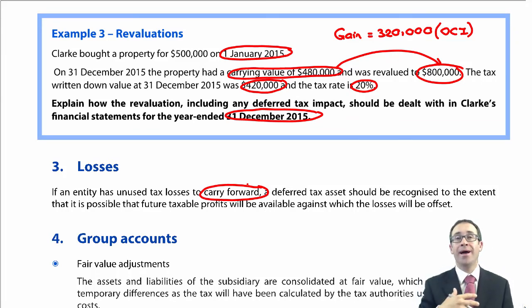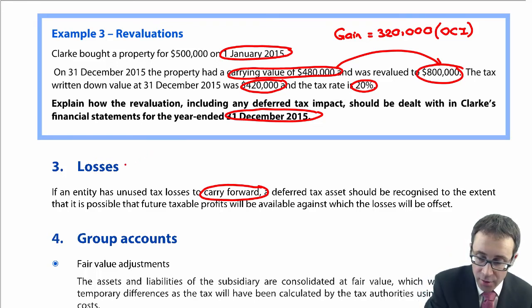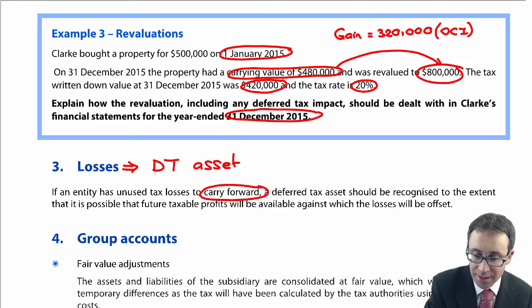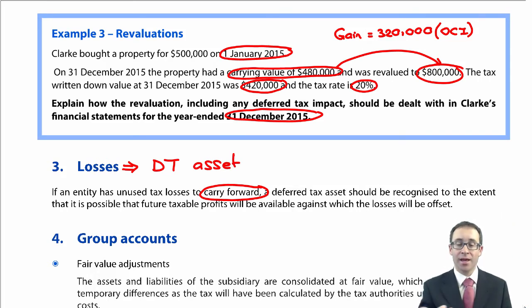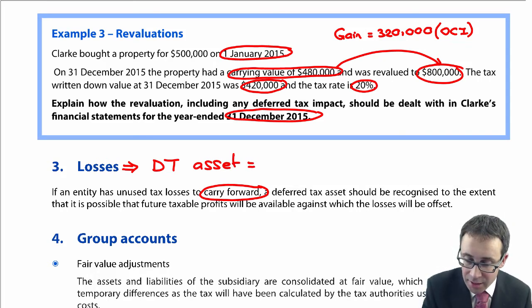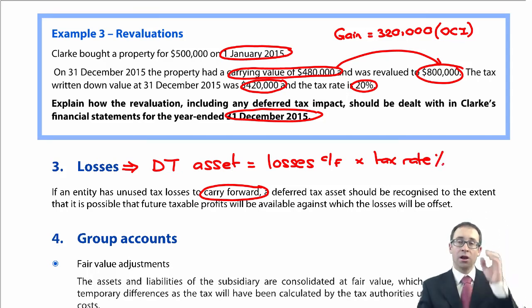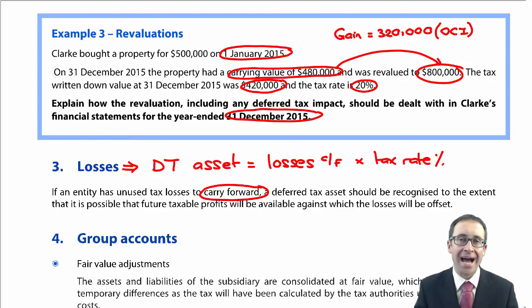Okay, if we're paying less tax, then therefore we are going to be saving tax in the future. So if you have your losses, then that will give rise to a deferred tax asset. Okay, that deferred tax asset is going to be equal to the losses that you have to carry forward, multiplied by the tax rate at which the losses will be settled at.